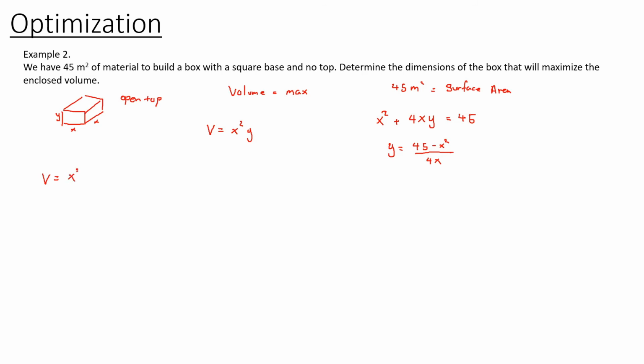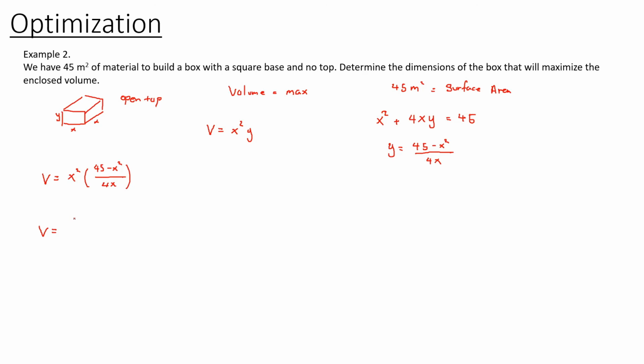So the volume will come out to be x squared times 45 minus x squared over 4x.